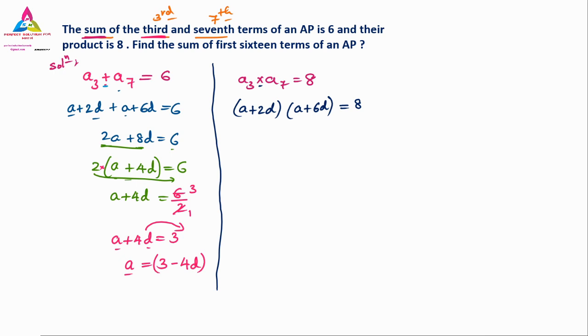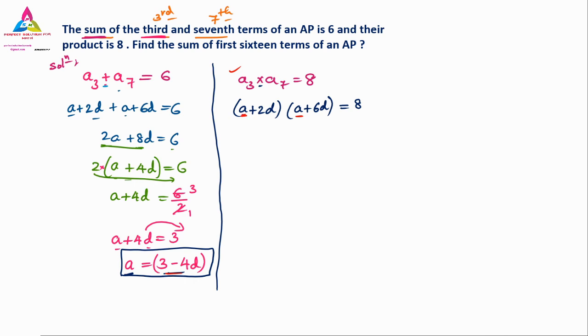Now very importantly, we have to substitute. I have already told you that the A value is found in terms of 3 minus 4D, so wherever we find A, we can substitute this 3 minus 4D. Now on the right hand side, in the multiplication, you can see the A value over here and the A value over here. So instead of A, I can write 3 minus 4D.